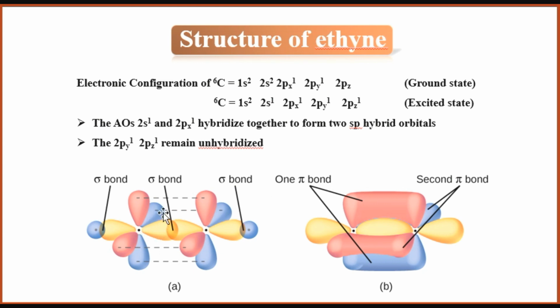And similarly, the 2pz orbital of one carbon atom, that is here, would overlap with the 2pz orbital of the other carbon atom, that is here in the blue shade, forming the pi electron cloud either above or below the sigma bond. Here it has also been shown in the blue color. And this would form a second pi bond. So in this way, there would be a total number of 3 sigma bonds over here and 2 pi bonds.